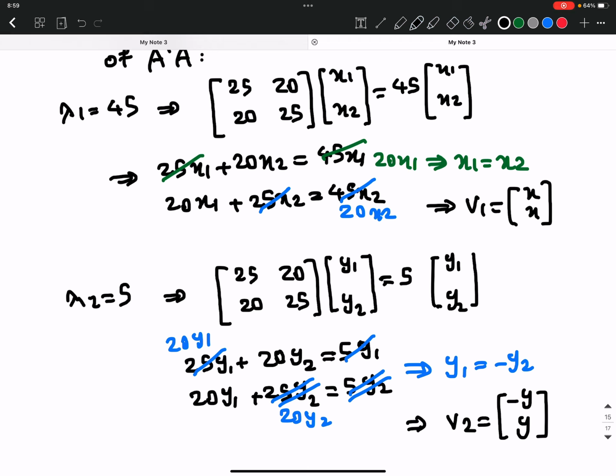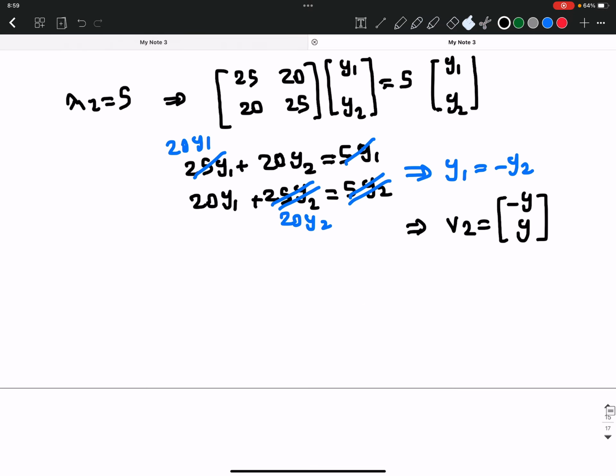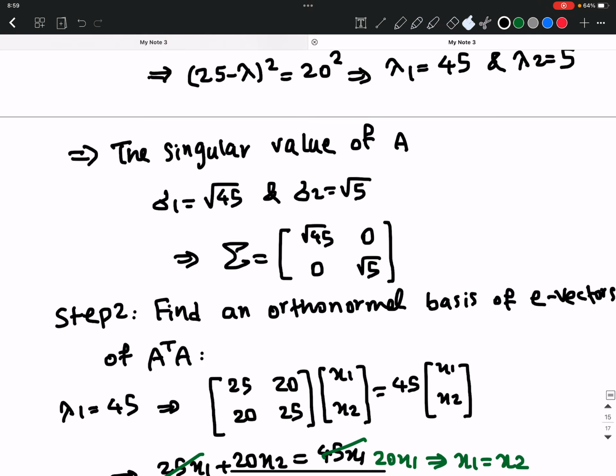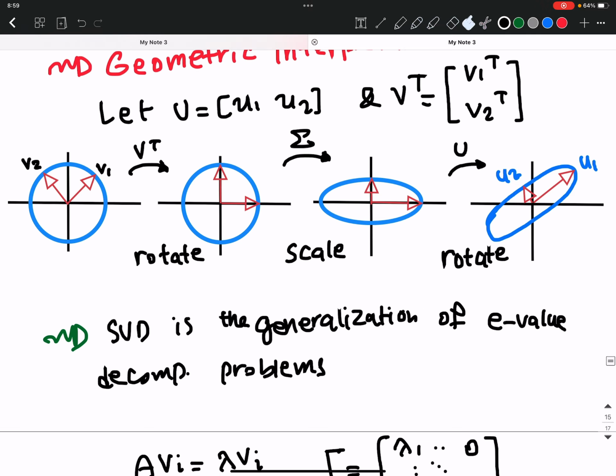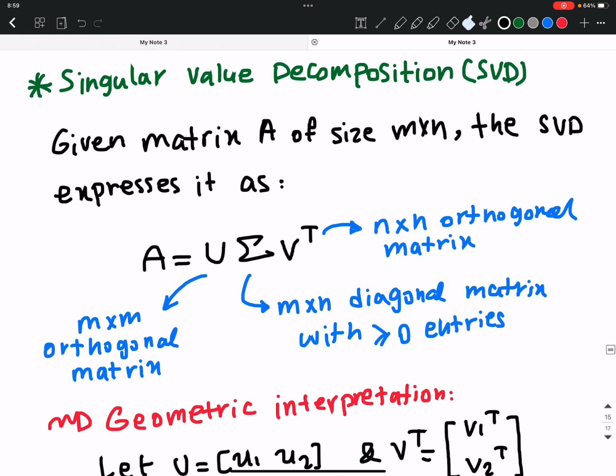Okay. Now, I want an orthonormal basis of this. So we need to make sure that this basis that we create is orthonormal, and that will create my V matrix, which would be in this VT matrix.